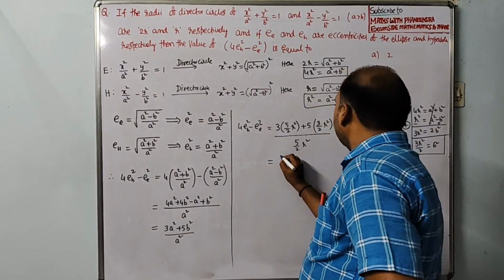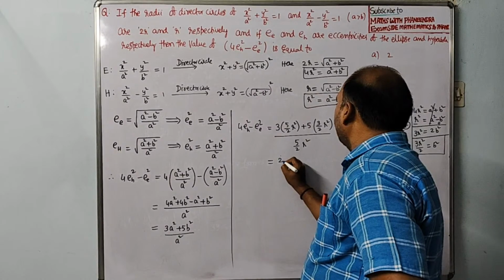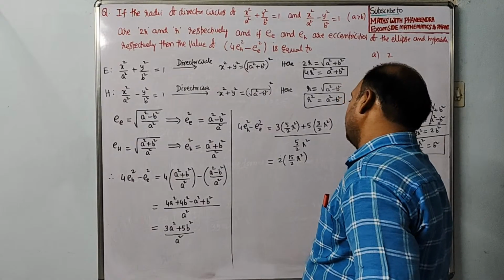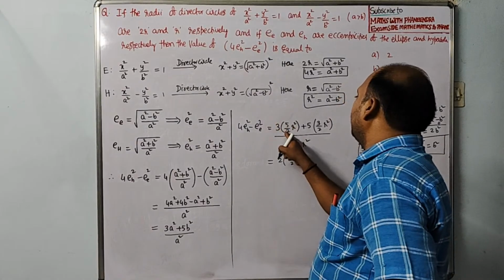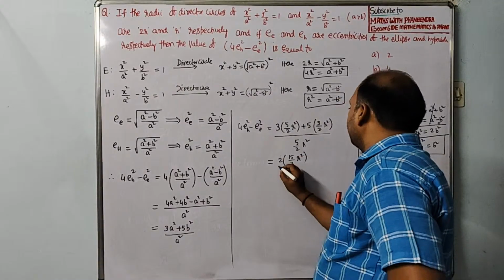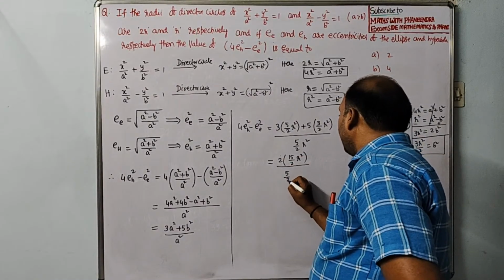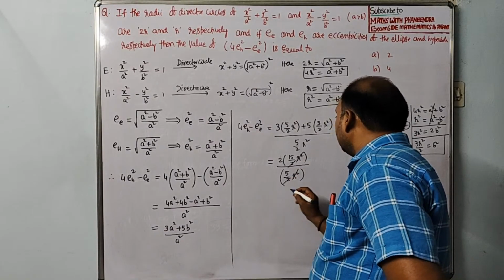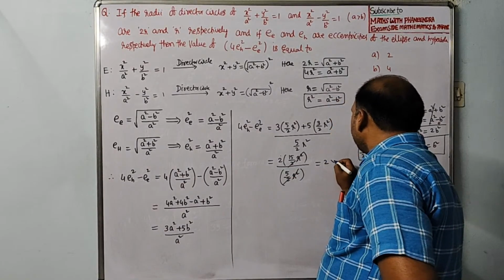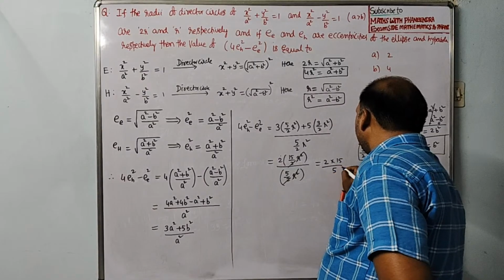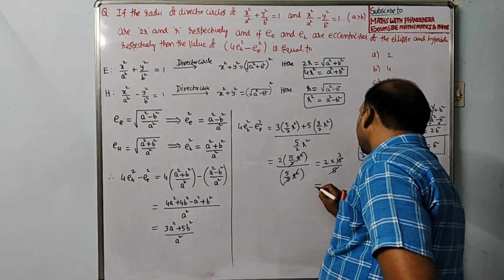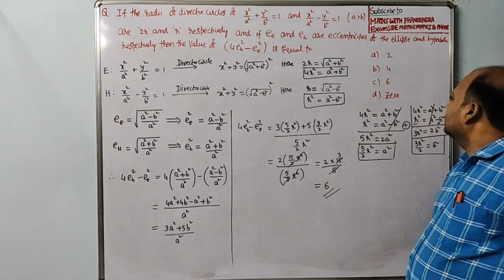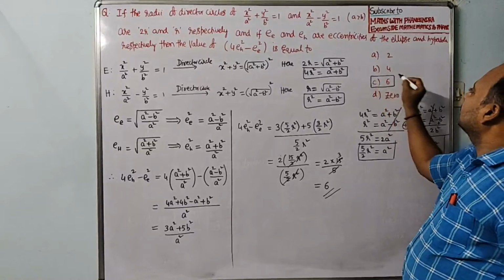These two cancel, 2 cancel. So 2 into 15 divided by 5. 5 ones, 5 threes, 3 into 6. So in other ways also we can do this, students. So your answer is 6.